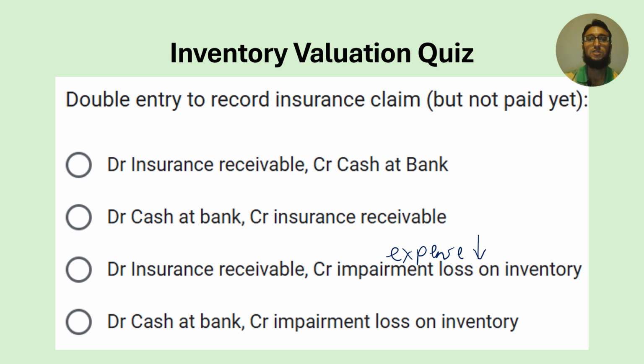And when the insurance company hasn't paid the amount to the business yet, there is a form of a receivable that the business would record. Subsequently, the business would receive money from the insurance company. So at this point in time, since the insurance wasn't paid yet, the business would record insurance receivable instead.